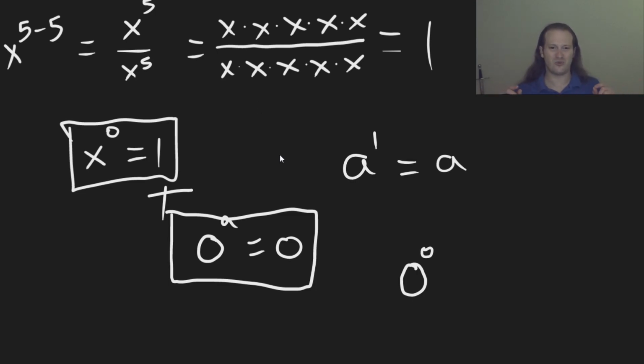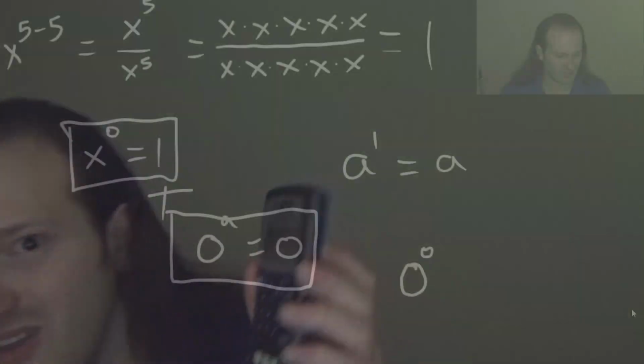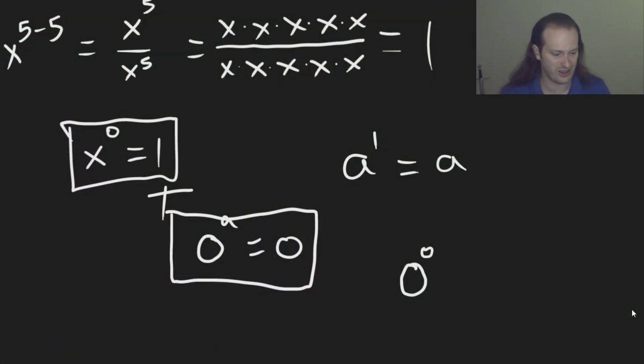But if we were to take values that kind of approached, if I put in 0.000001 and I raised that to the 0th power, it rounds it to 1. I hope you can see that, because that would be a lot less dramatic if you couldn't see it. It's dangerously close to 1.